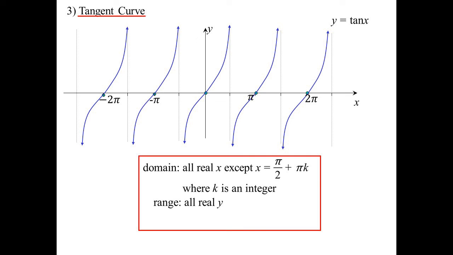The range is all real y. There are no breaks going vertically. We have an odd function because we've got the rotational symmetry there, which means we could use tan of negative x is equal to the negative of tan of x. Now the period for the tan curve is different because this one it's only pi. It repeats. Amplitude has no meaning when we're talking about tan, because it doesn't go up and down like the other ones.